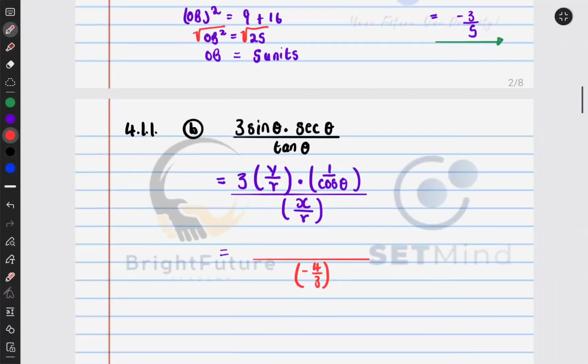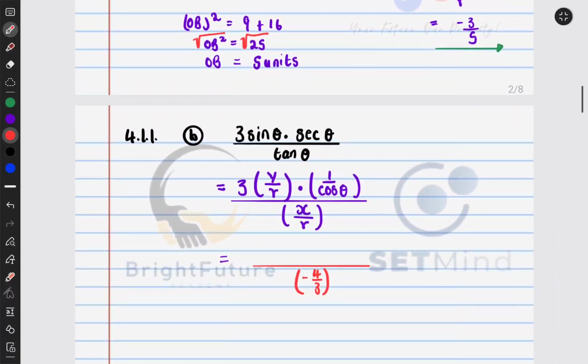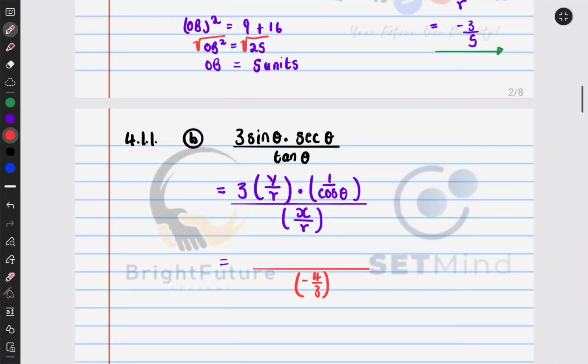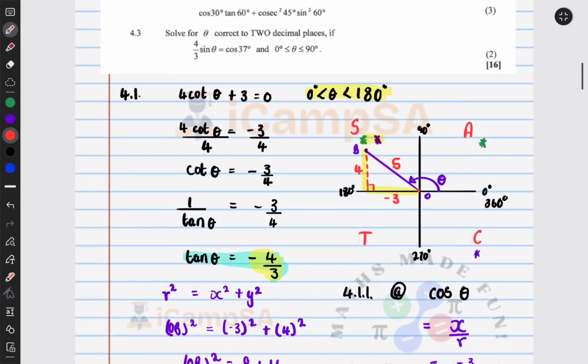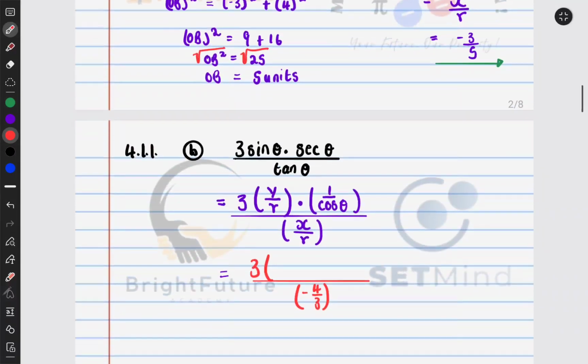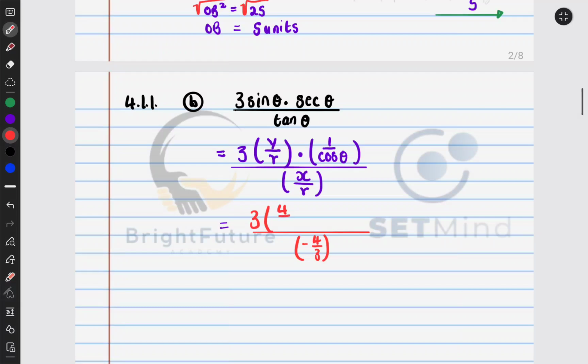That is our tan theta. And then next, sin theta. What is sin theta? It's going to be 3 into y. What's the value of y? It's 4 over r. R is 5, so we're going to have 4 over 5 multiplied by 1 over cos theta.